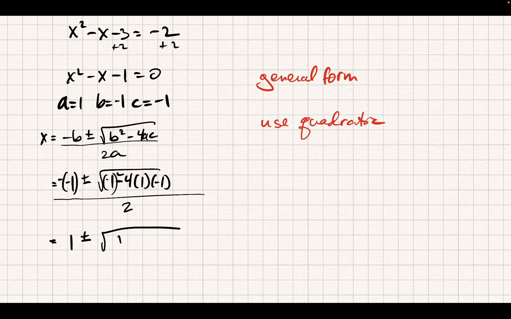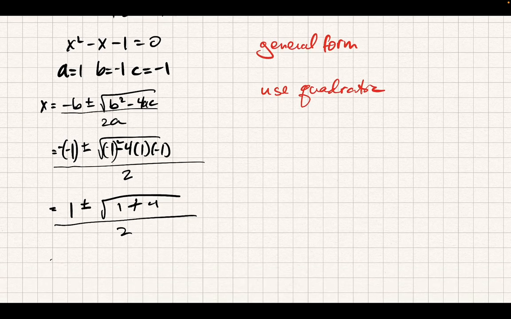You're in charge of how many steps you skip, so this seems like a reasonable step that you're not likely to get wrong, -1 squared. And this seems like a step that you're not likely to get wrong. -4 times -1 is 4, plus 4 under the radical, and then over 2.